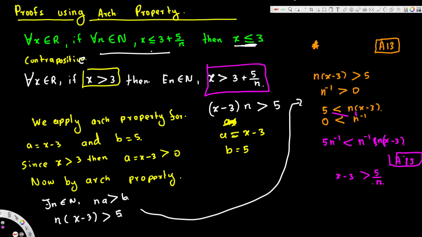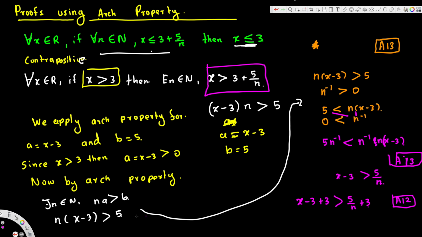Now we are going to use axiom number 12. Axiom number 12 says addition preserves order. It means whatever the value, if you add any value to both sides, it's still going to be the same. So here we are going to add 3 to both sides: x minus 3 plus 3 is greater than 5 over n plus 3, because finally we want to prove x is greater than this.